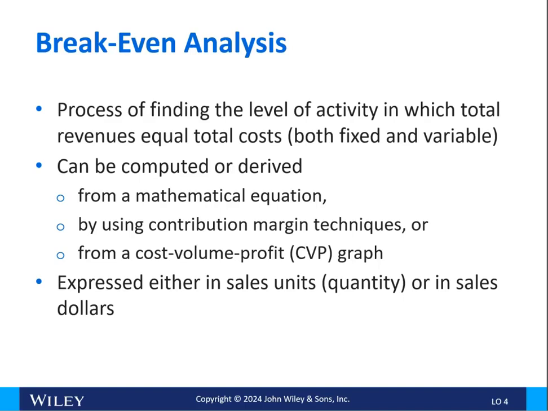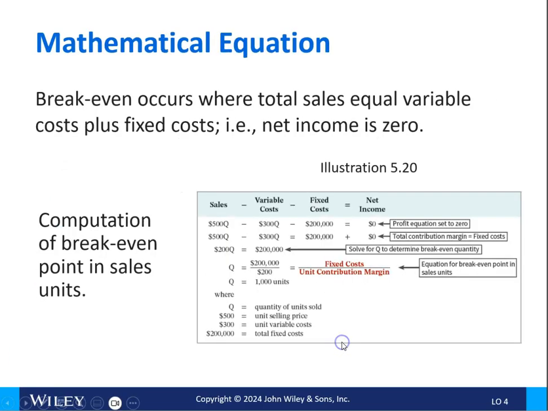It can be derived three different ways: from a mathematical equation, by using contribution margin techniques, or from a cost volume profit graph. It's expressed in either sales units, quantity, or in sales dollars. So break-even occurs where total sales equal variable costs plus fixed costs. In other words, net income is zero.